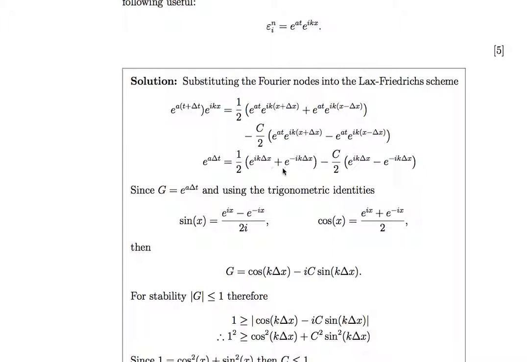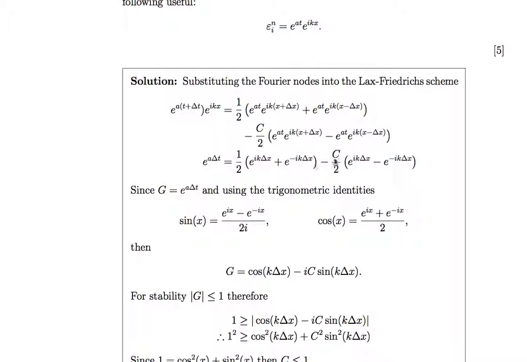We can simplify this by dividing throughout by this term, and we get this expression. Now this e to the a delta t is an amplification factor. This is how much our errors grow over a single time step. So we need this amplification factor, which we call g here, to be less than or equal to 1 in order for our scheme to be stable.